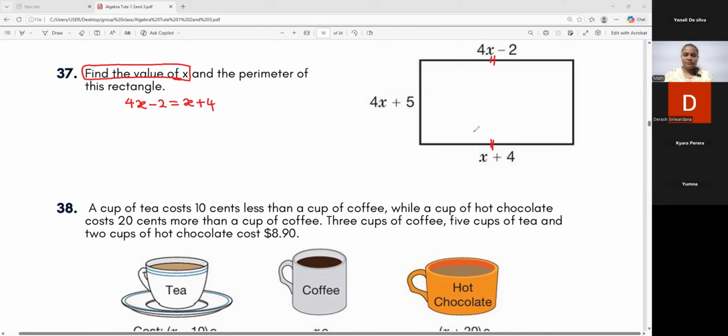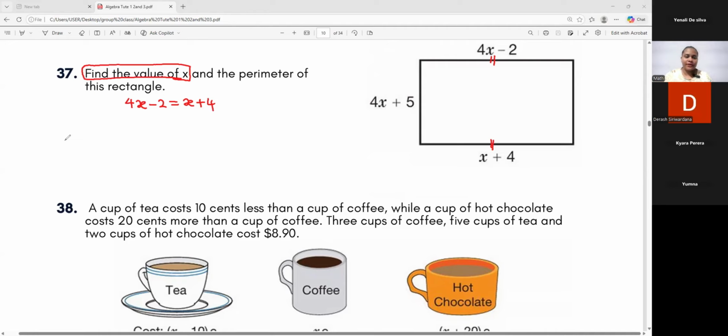Got it, Miss. Thank you. Teacher, is the perimeter of the rectangle 38?